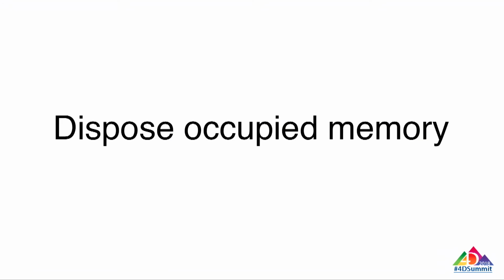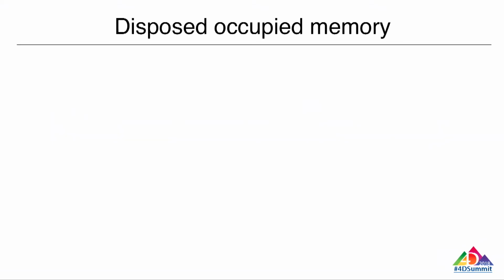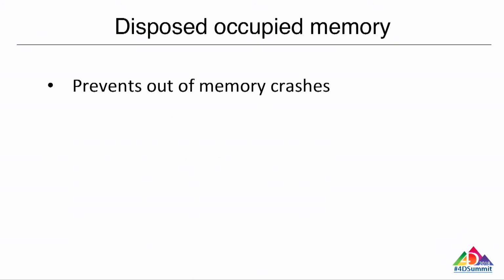The next section I'd like to go over is disposing of occupied memory. Why do we have to be defensive about occupied memory? Well, it prevents out-of-memory crashes. The code used may not obviously use a lot of memory, and then eventually it just crashes. It also prevents memory leaks.